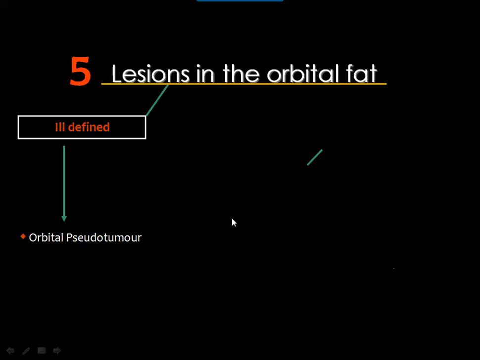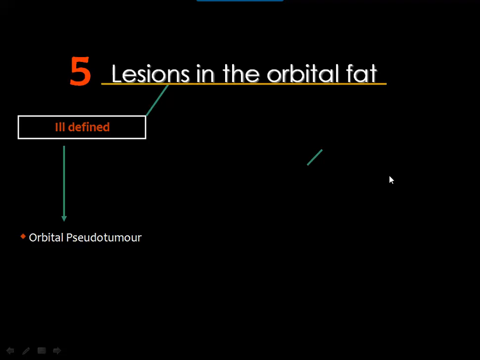First, you should ensure that this lesion is in the orbital fat. How can you ensure that? By asking yourself about the lesion. Is this lesion inside the globe? No. Is this lesion arising from the optic nerve? No. Arising from the lacrimal gland? No. Arising from the extraocular muscles? No. Then it will be located within the fat.